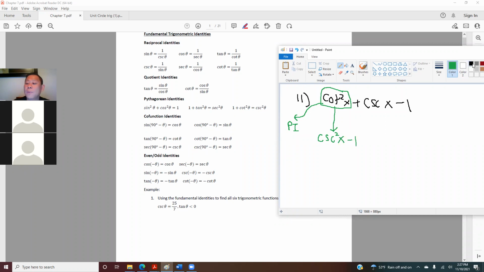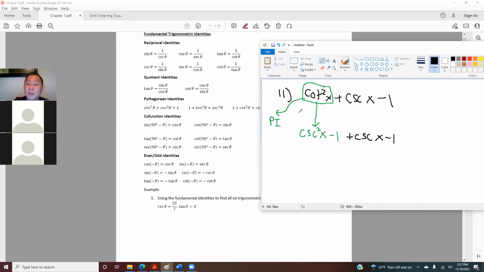And then what happens to this? You just rewrite it because we do not use the Pythagorean identity on this one because there's no square. Okay, the Pythagorean identity can only be used if you have power 2. If it's power 1, you can do reciprocal or quotient. That is the only one we can do if it's power 1.